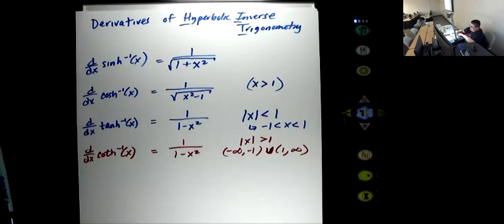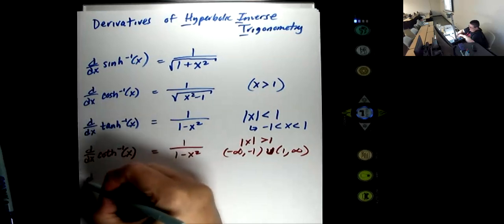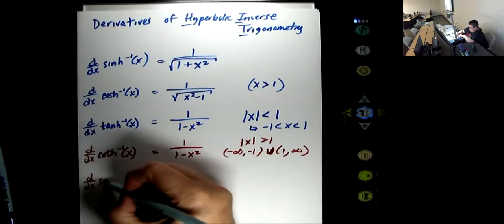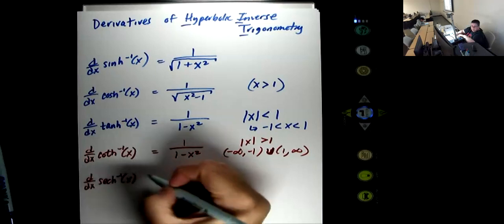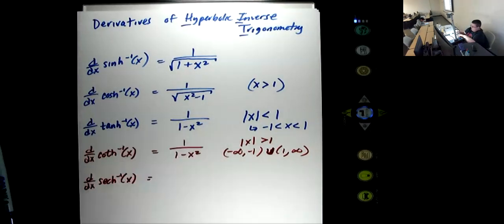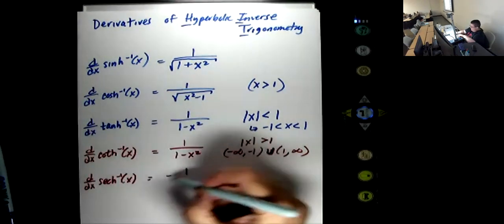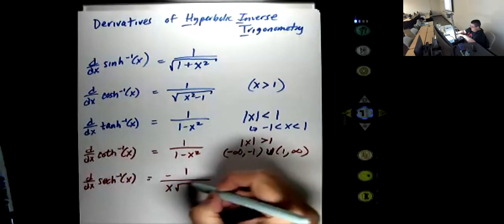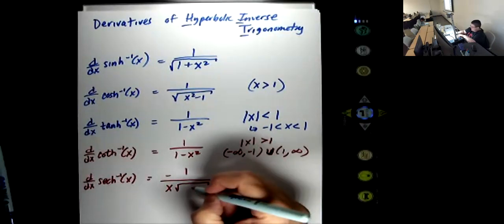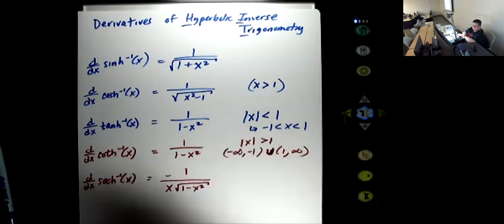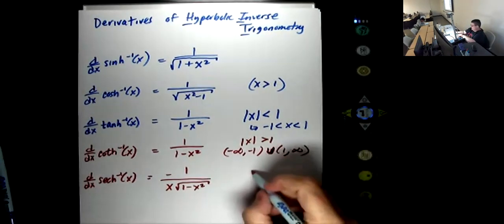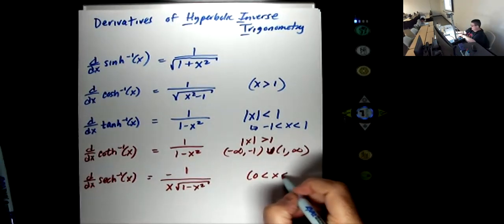Take a look at the derivative of hyperbolic secant inverse. This is -1 over x times the square root of 1 minus x squared, with 0 less than x less than 1.